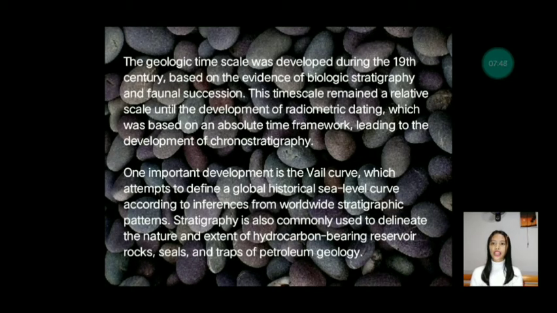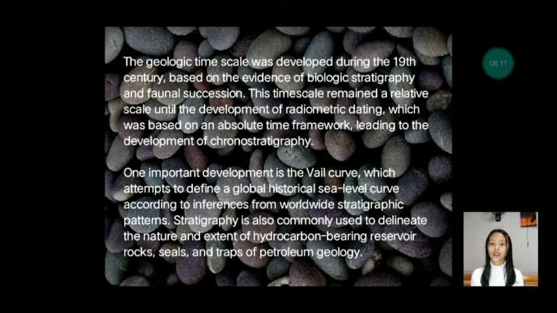The geologic time scale was developed during the 19th century based on the evidence of biologic stratigraphy and faunal succession. These time scales remained a relative scale until the development of radiometric dating, which was based on an absolute time framework, leading to development of chronostratigraphy.